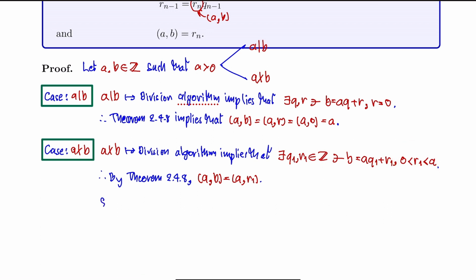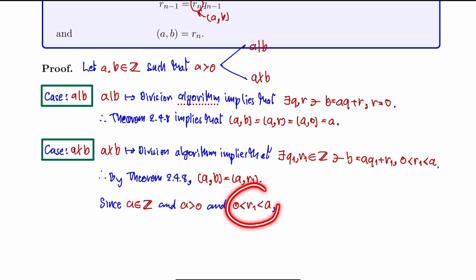So since you know that A is an integer and A is greater than 0, and R1 is greater than 0 and less than A. Okay? So what do we have right here?